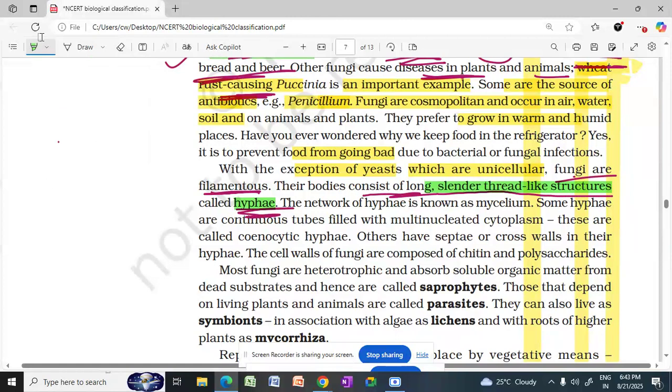Now, what is mycelium here? The network of hyphae is known as mycelium.